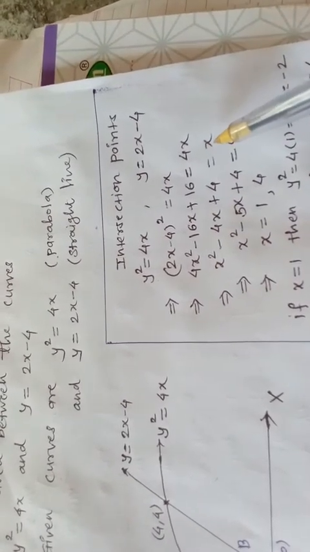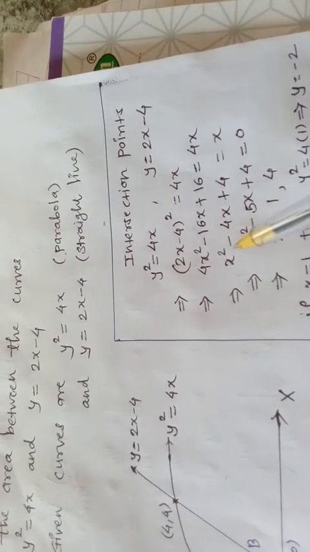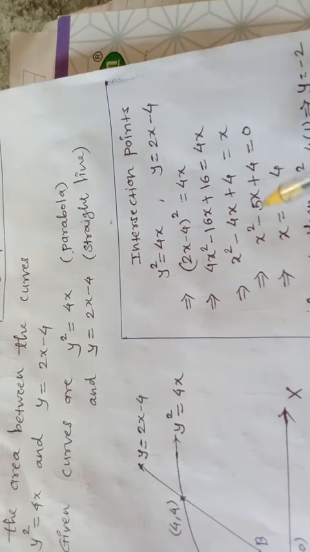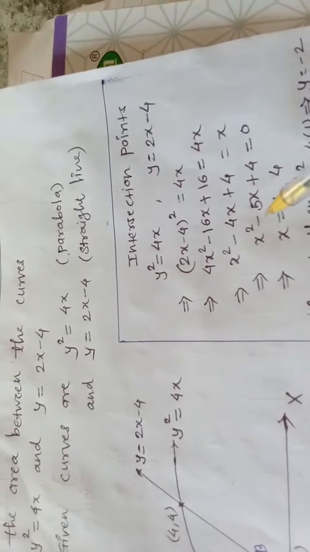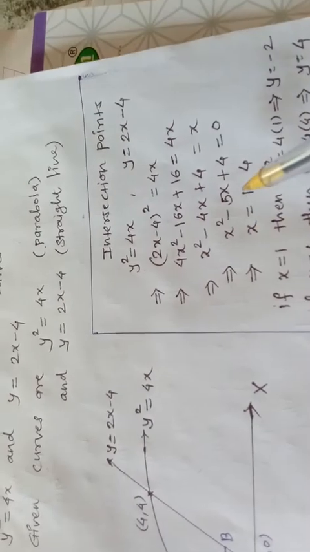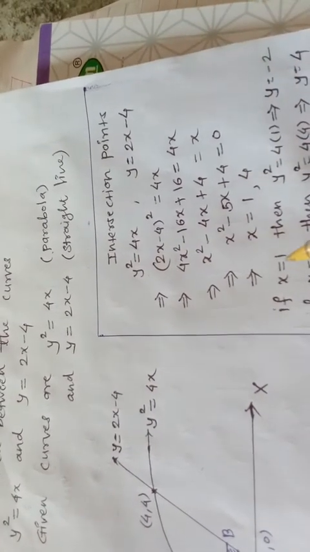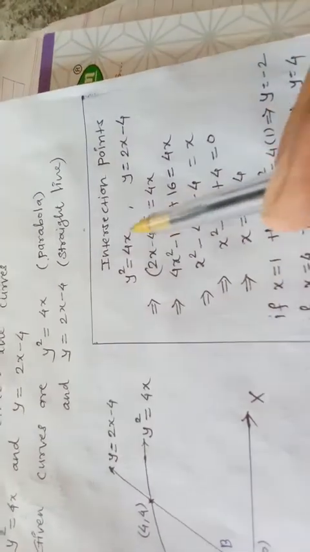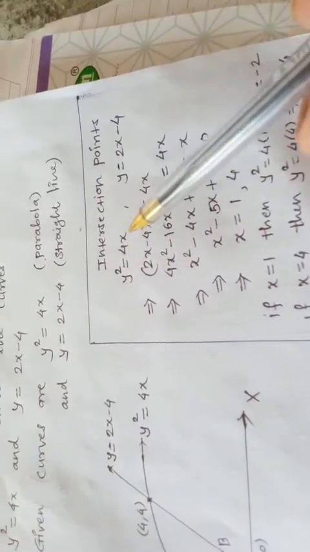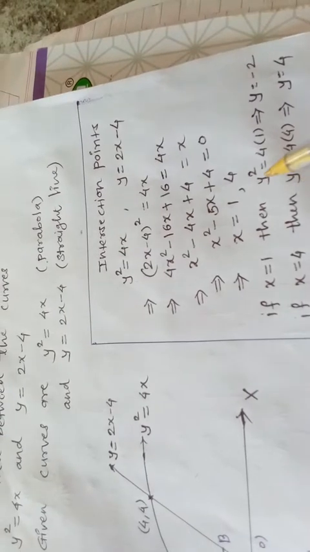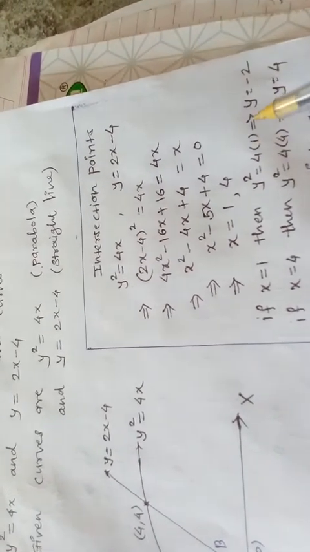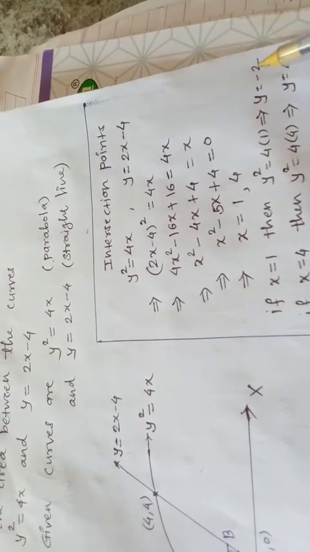Now by taking this x to the LHS, we get x square minus 5x plus 4 equals 0. That is a quadratic equation. After solving this quadratic equation, we get the values of x as 1 and 4. If I put x equals 1 in the first equation, that is y square equals 4x, I get y square equals 4 into 1, then y equals minus 2.